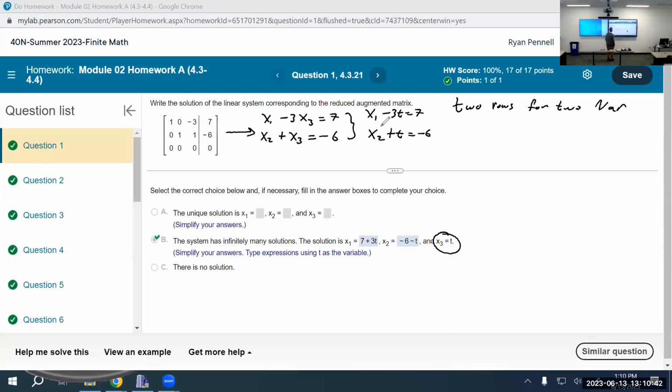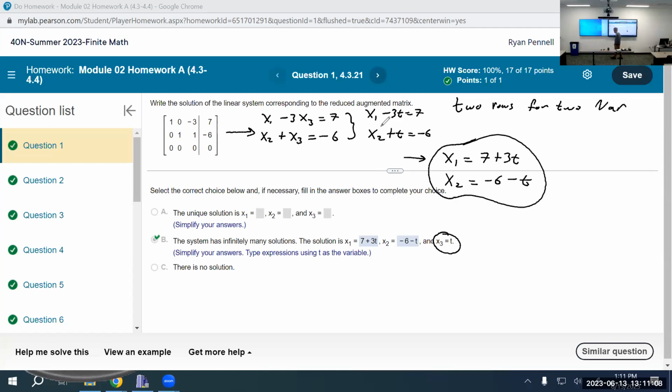I want to solve for x1 and x2. So x1 must equal 7 plus 3t, and x2 must equal -6 minus t. Those are lines, infinitely many solutions to this problem.